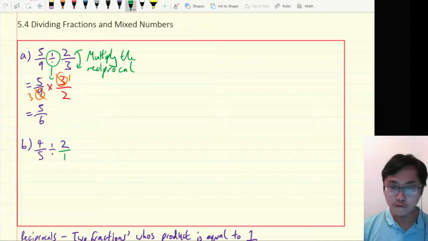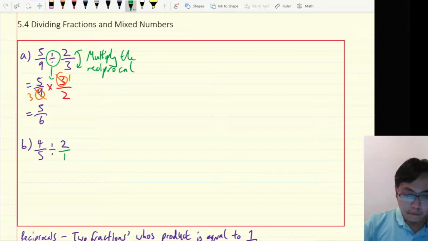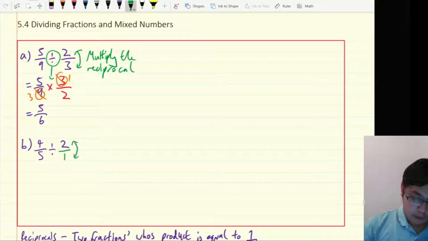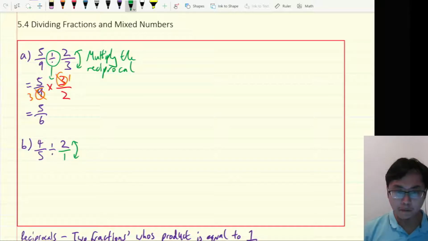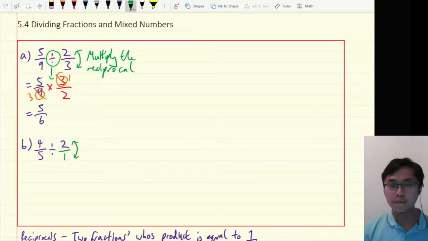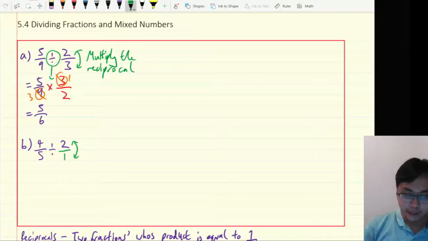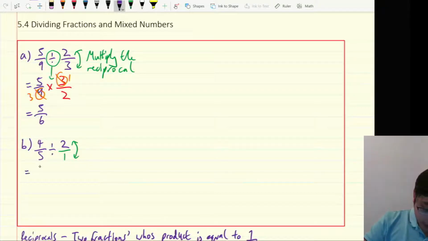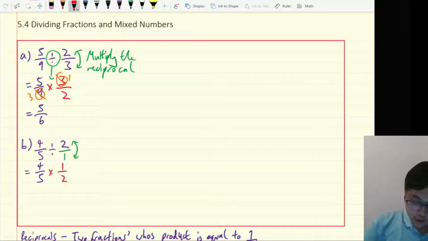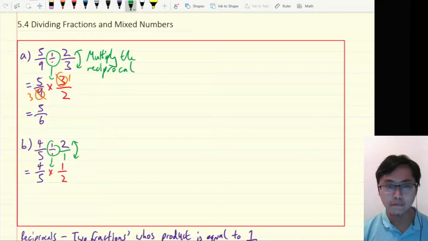Now it looks like a fraction. We can change it to multiply by its reciprocal. We can swap the top and the bottom. So a whole number, its reciprocal will be 1 over that number instead. So it will now be 4 over 5, and then I'm going to multiply 1 over 2.